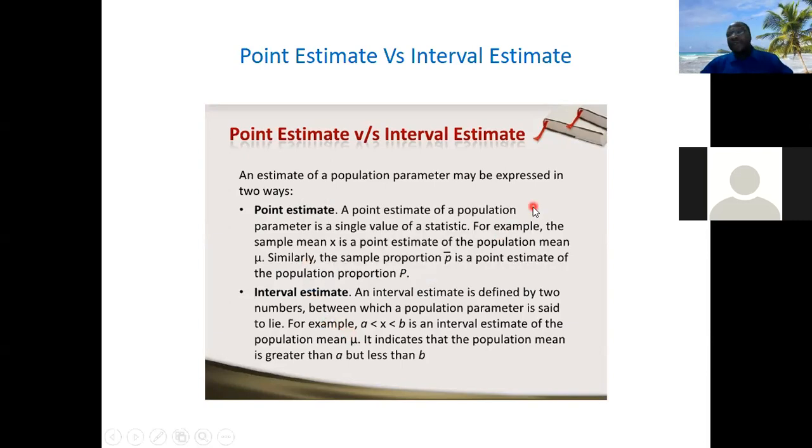If somebody says, I want to guess somebody's age, and maybe the person is 35. I just look at the person and say, you look like 32. I miss it at once because I'm giving a point estimate.